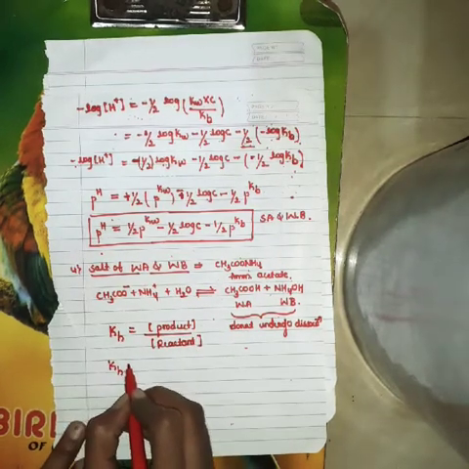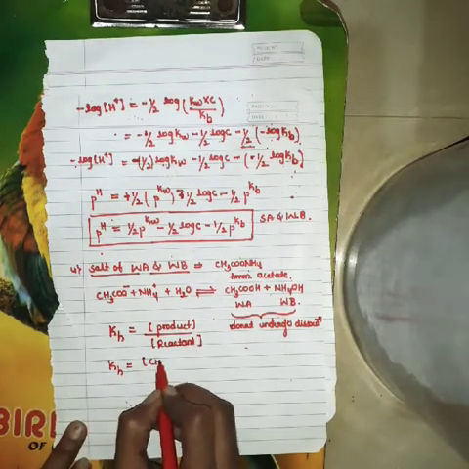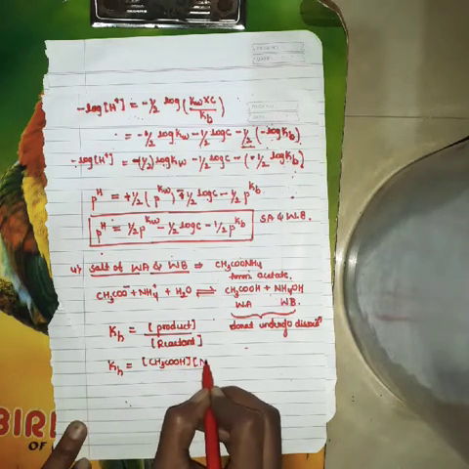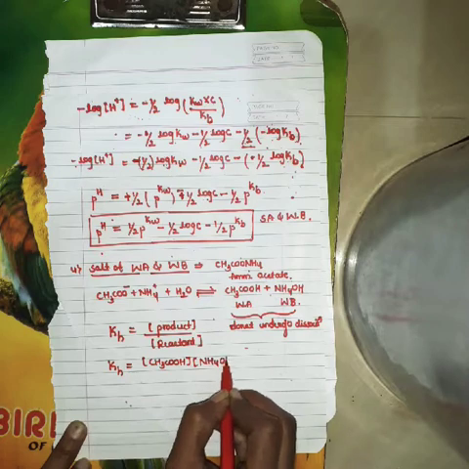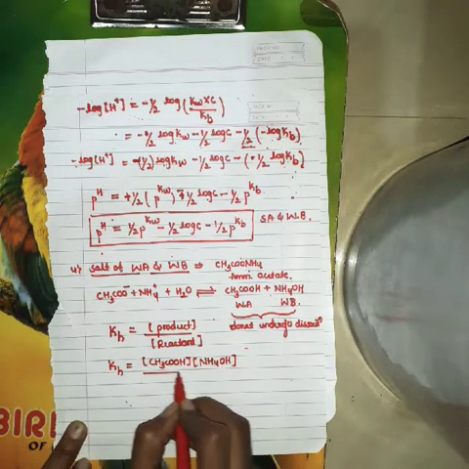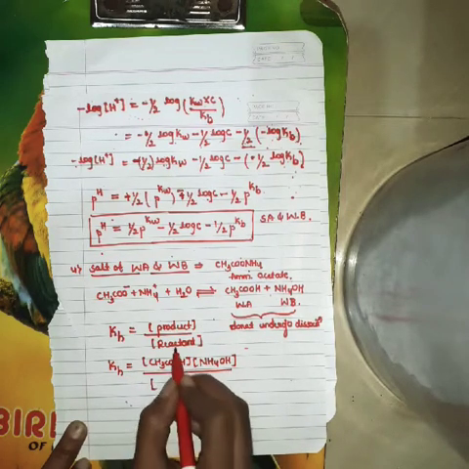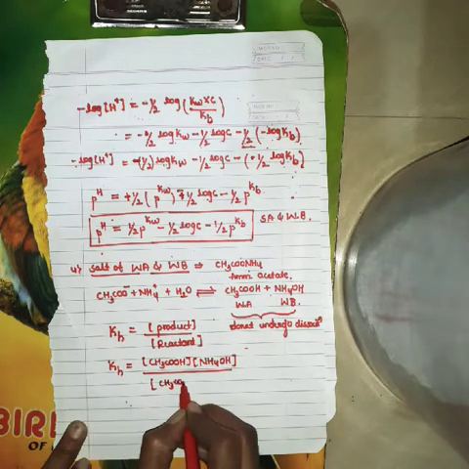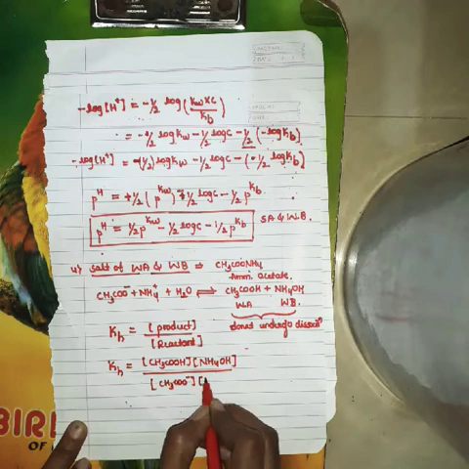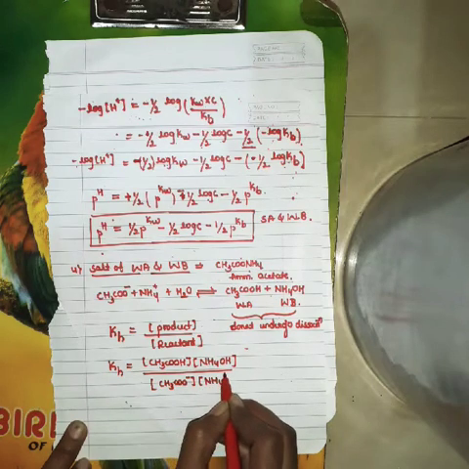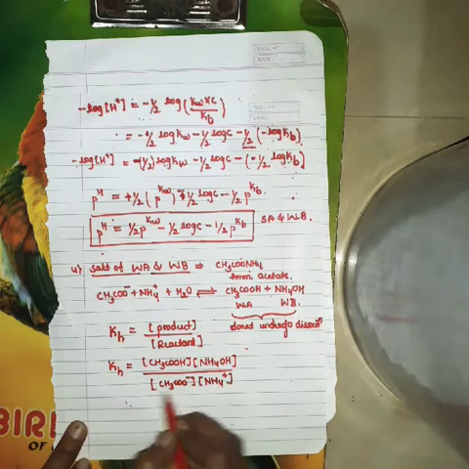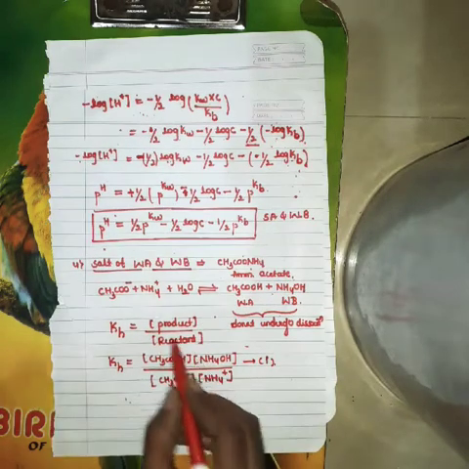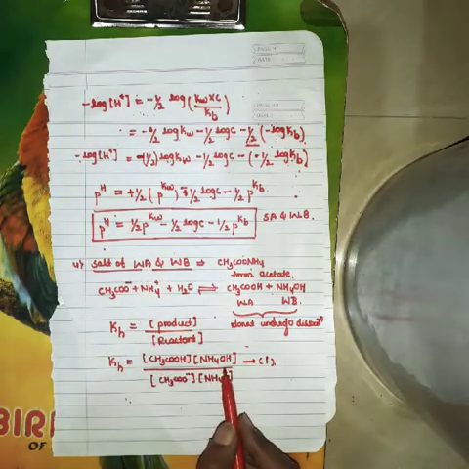Kh becomes CH3COOH into NH4OH divided by the reactants, CH3COO minus and NH4 plus. This is the expression for hydrolysis constant of weak acid and weak base.